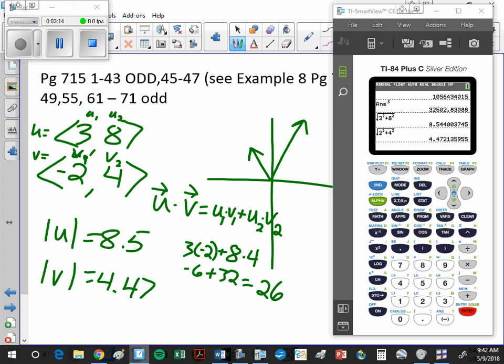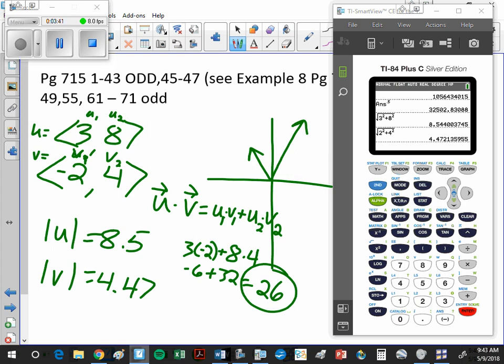All right, so the dot product is 26. Now, we're not really going to get into what the dot product means, but it's useful in combining vectors, and it's beyond the scope of this class. You just need to know how to calculate the dot product.